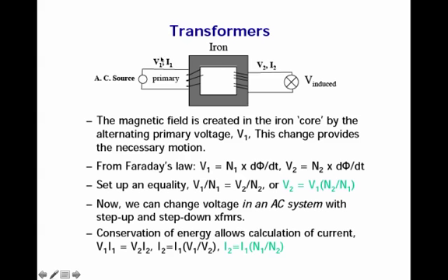So if we hook up a DC power supply here, we will melt the wires with all the current that will flow, but we'll get no voltage on the secondary coil, only a big spike when we first hook it up, because that will make a changing magnetic field. And so we understand then, in order to make a transformer work, to change the voltage from V1 to V2, we need AC.